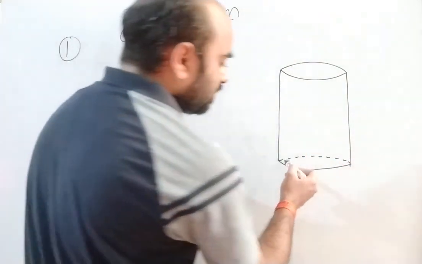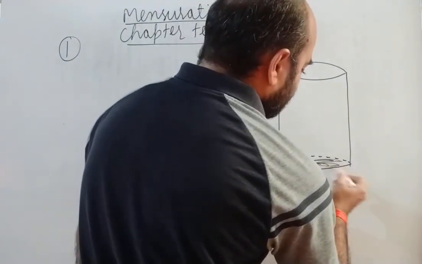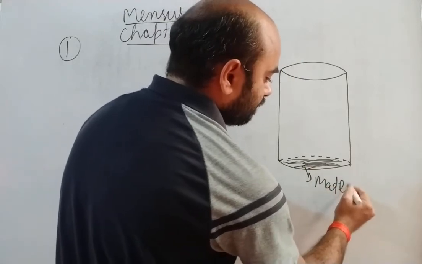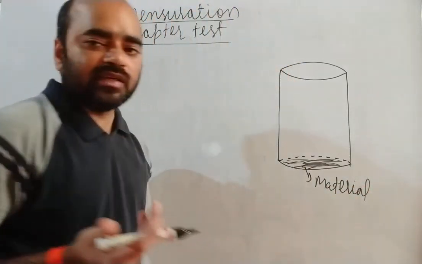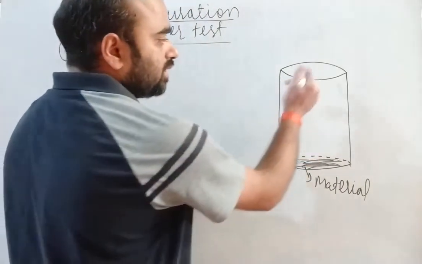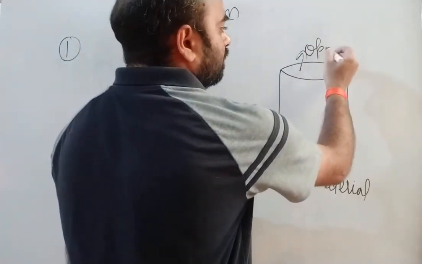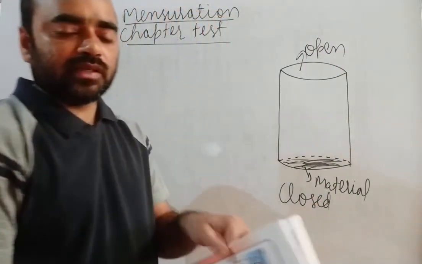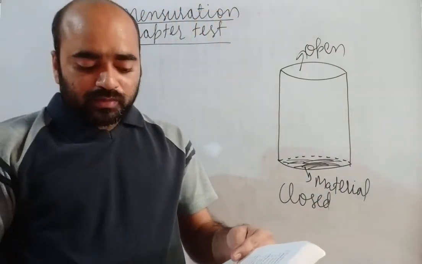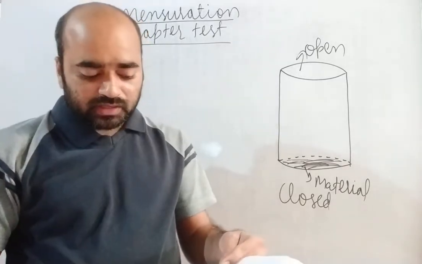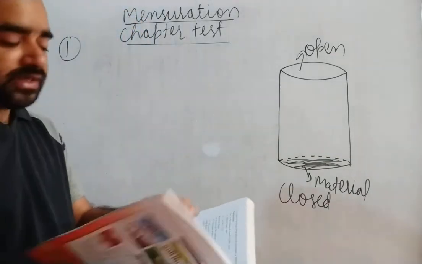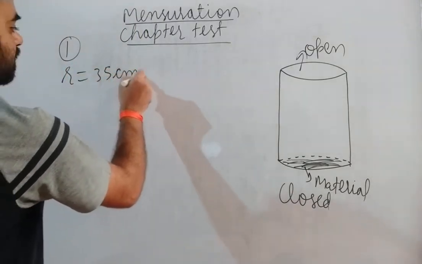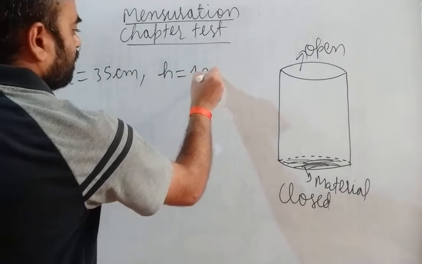It means material is there. Since this is a container, it is open but the lower end is closed. The height of the container is 1 meter and its diameter is 70 centimeter. It means radius is 35 centimeter and height is 1 meter.